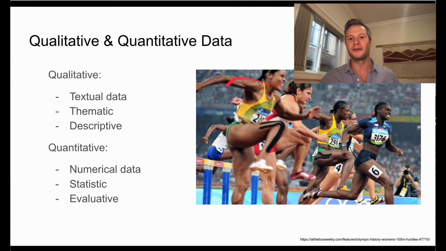Everyone seems to be working a pretty good 9 or 10 out of 10 in this sprint or hurdle event here. That would be quantitative. They could also say hard, very hard, extremely hard, right? And that would be the qualitative. Great. How did you feel about winning? Qualitative. How did you feel about losing? Qualitative, right? Okay.